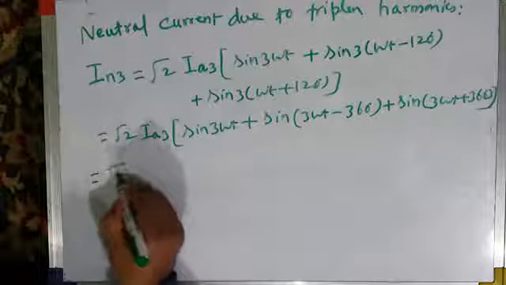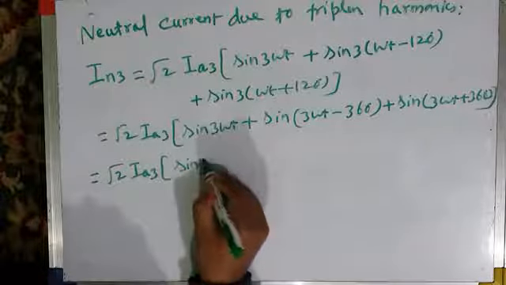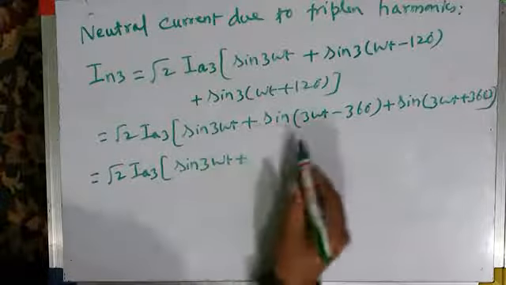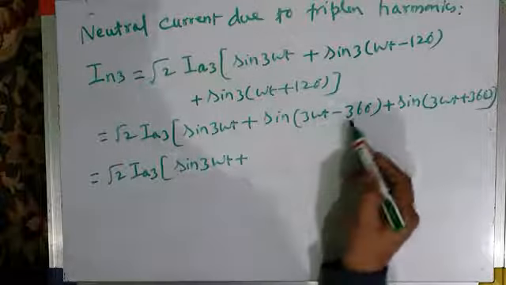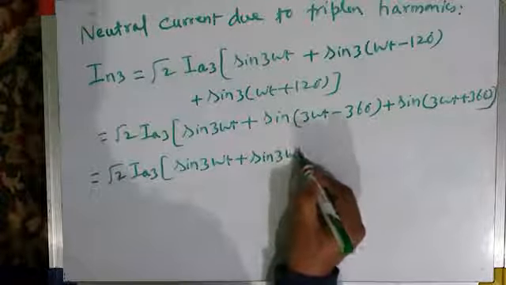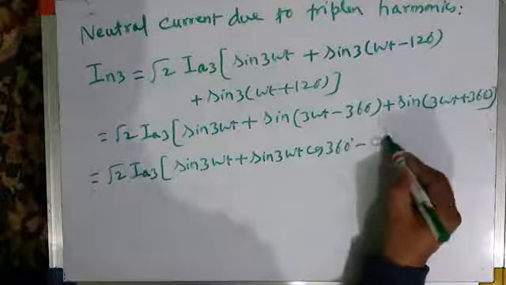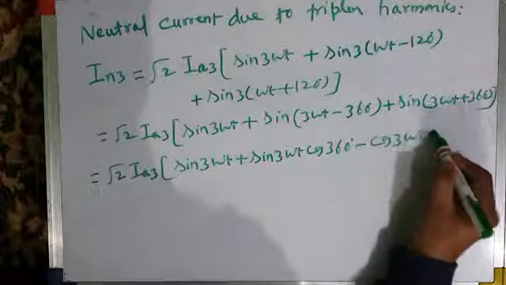That is equal to root 2 I_A3 times sine 3 omega t plus, this is again sine of A minus B, which is sine A cos B minus cos A sine B. Sine A is sine 3 omega t, cos B is cos 360 degrees, minus cos A sine B.